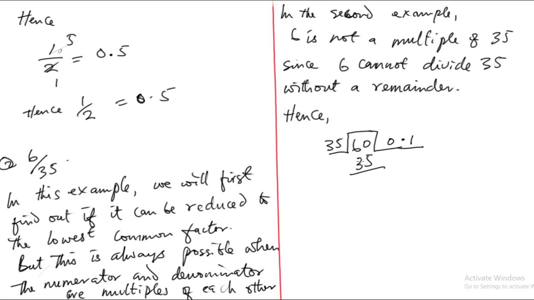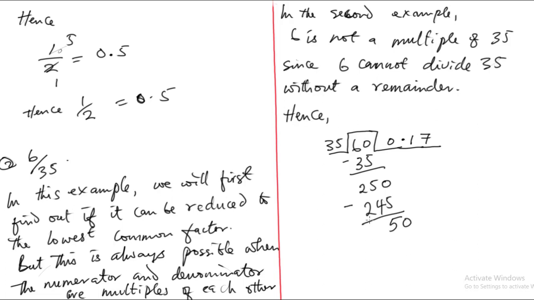We subtract 35, the product of 35 and 1, from 60, and we have 25. 35 into 25 will not go, so we add 0, making it 250. Then we divide 250 by 35 and it gives us 7. 35 times 7 will give us 245. So we subtract 245 from 250 and we have 5.